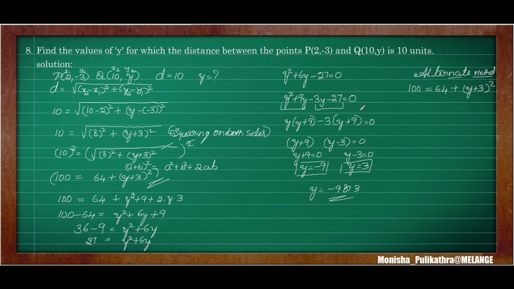Here what I have done is I have expanded this y plus 3 whole square in the form of the a plus b whole square formula. Instead of doing that, there is one more quick method. So I will tell you how to do that.